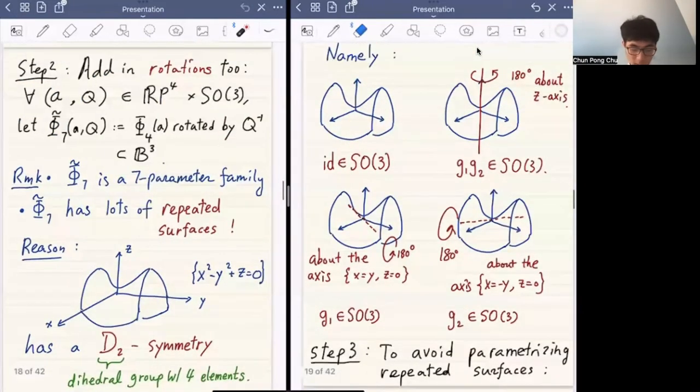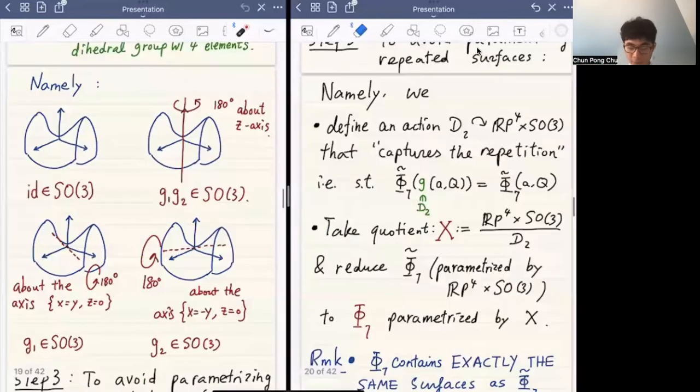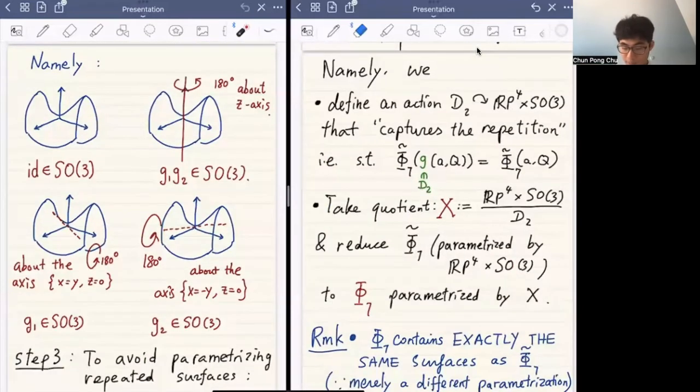So originally the parameter space is RP4 plus S3. We can define a D2 action on this parameter space that captures the repetition. In other words, for any element G in this dihedral group, G of AQ will give us the same surface as AQ. So we can define such a D2 action that captures the repetition, and then we take the quotient.